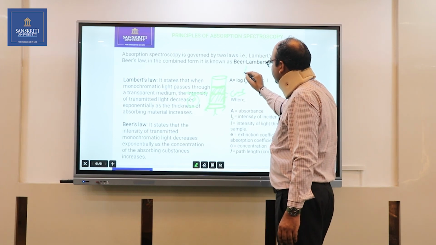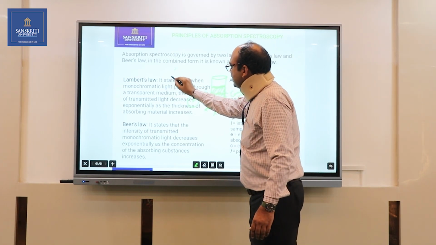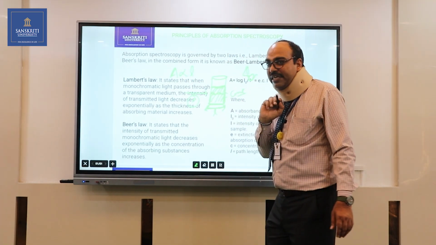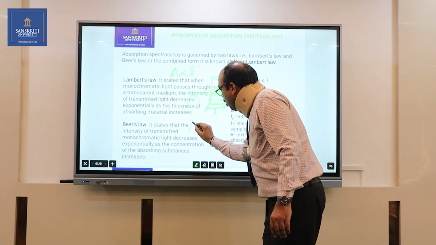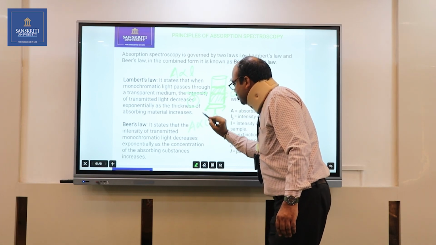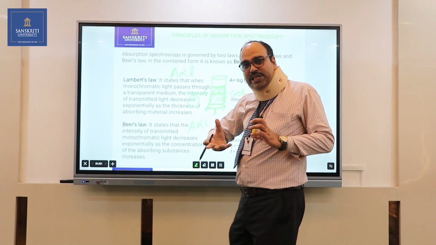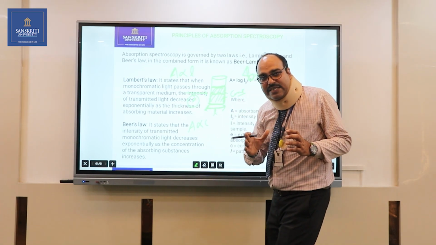That means Lambert says absorption is proportional to L, the thickness of the material, while Beer said absorption is proportional to the concentration. If you increase the concentration of the solution, there is a decrease in the intensity.